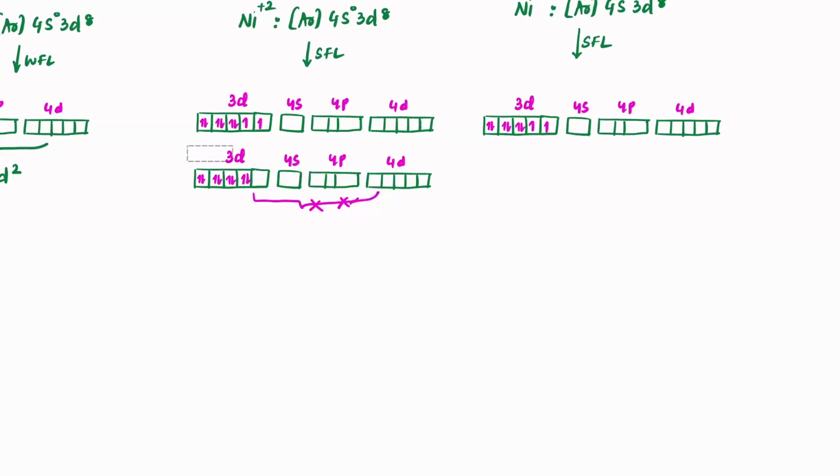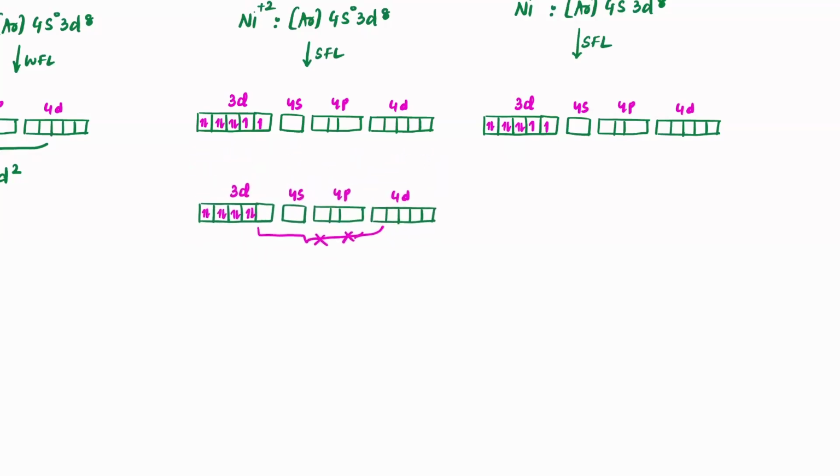Despite having a strong field ligand, the pairing does not take place in this case. So no pairing here, and this will also utilize sp3d2. This will also utilize sp3d2. So hybridization in all these cases would be the same.